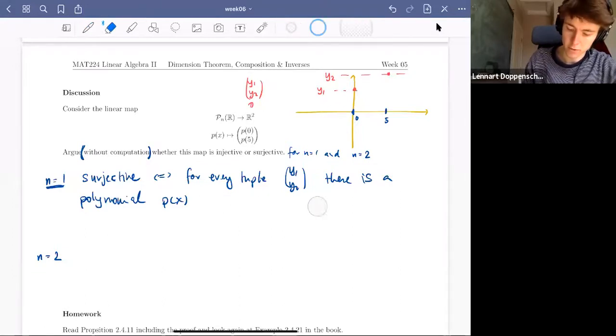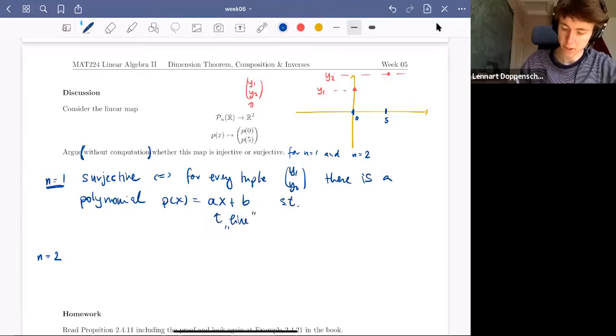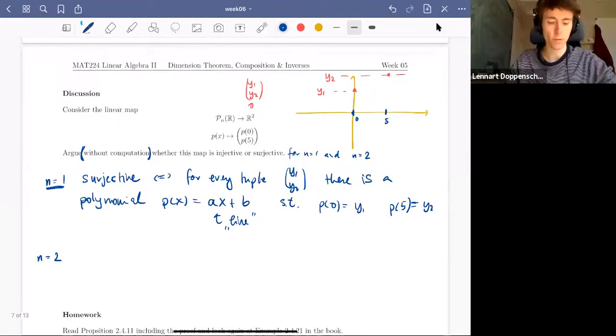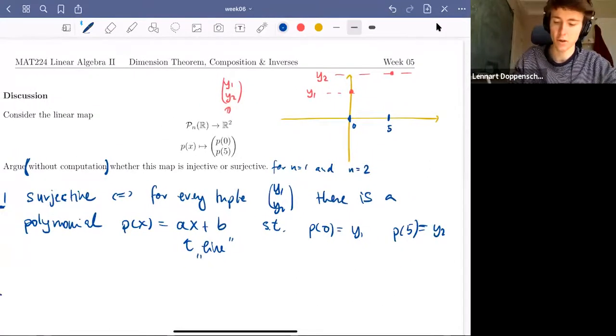Oh, and I should be more specific. p of x is equal to ax plus b, so this means it's a line, such that p of 0 is equal to y1 and p of 5 is equal to y2. And when I wrote without computation, what I really mean is, there's nothing really to be computed.